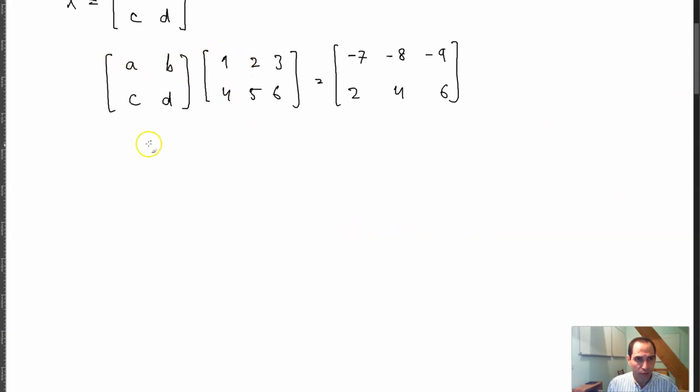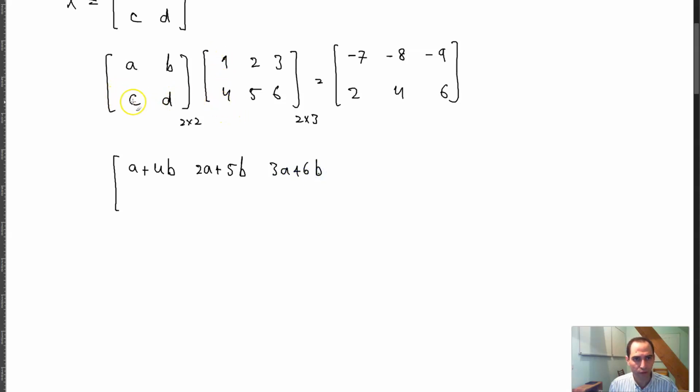So this row times this column is going to give you, basically, a 2 by 2 times 2 by 3 is going to be equal to 2 by 3, which means something like this. So this is going to be A plus 4B, and this times this would be 2A plus 5B. This by this would be 3A plus 6B.